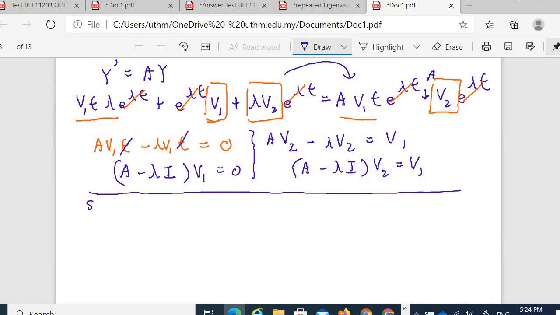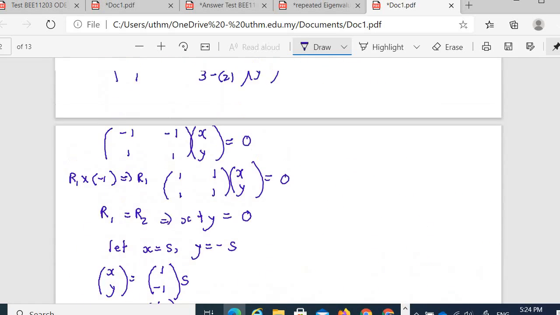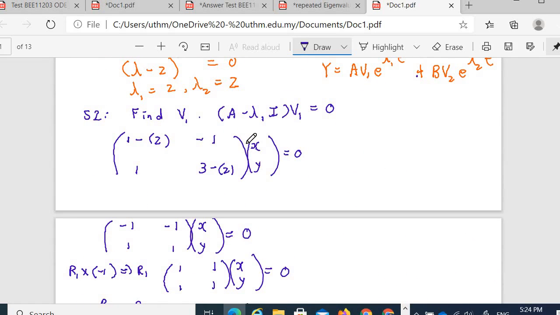Step 3. You have to find the v2 from A minus lambda I v2 equal to v1. So recall what the A is from step 2.